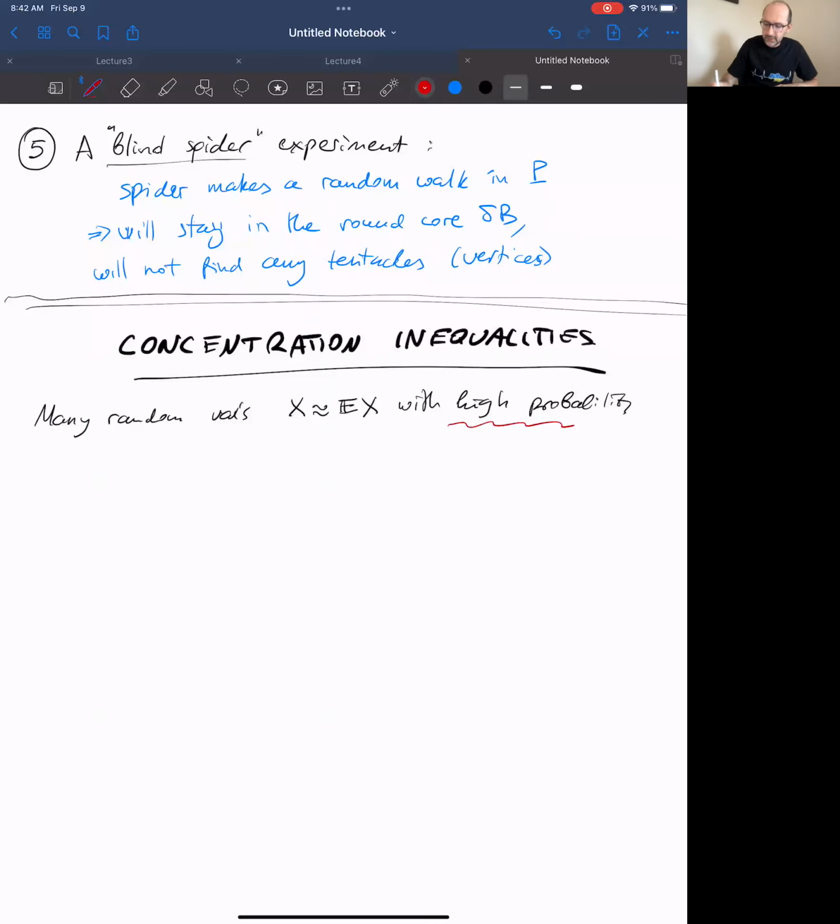And this high probability is higher than you think. It's exponentially close to 1. So many random variables are very, very tightly distributed around their means.